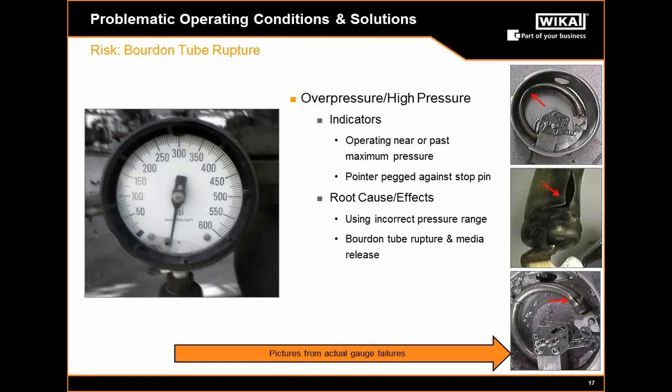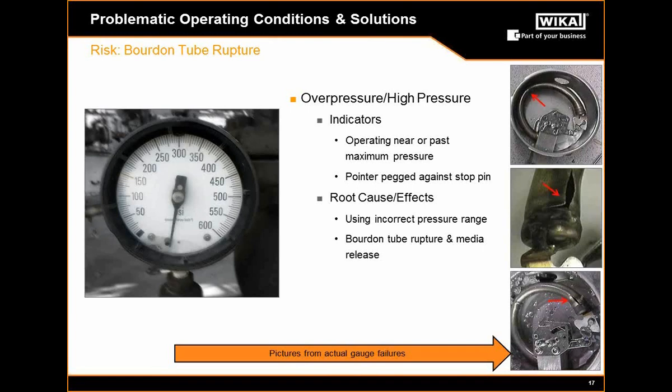In the 30-plus years that these plants have been in existence, there have been many people touching these gauges, changing hands. It's very prevalent that people will misapply a gauge just through lack of understanding of the application. And far too often, for example, a 30 psi gauge may be put in where a 300 psi gauge is really required. The risks are the same as with pressure spike.